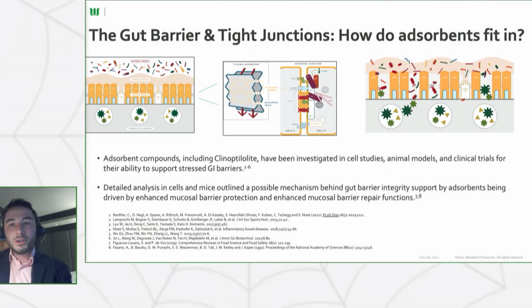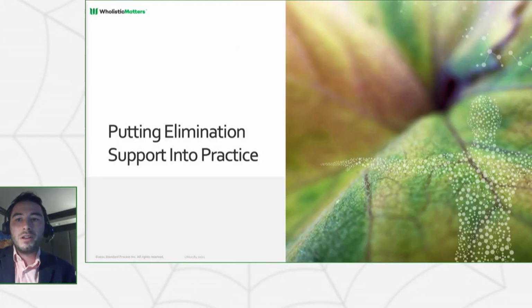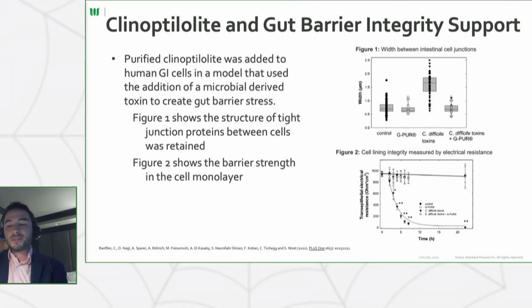So that's really cool. And then when you take it into the human model, there's a study that was done at 1.85 grams per day in an exercise-induced model. So you can stress people really hard with a lot of exercise, and it actually makes their gut have a higher intestinal permeability. And then what you can do is give them this clinoptilolite at that 1.85 grams per day.